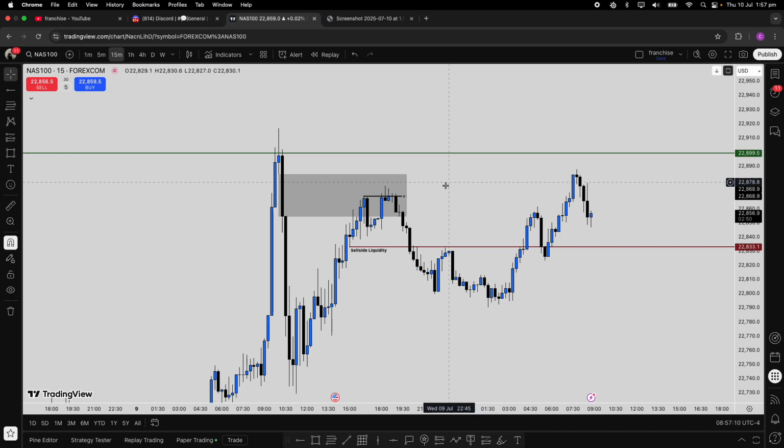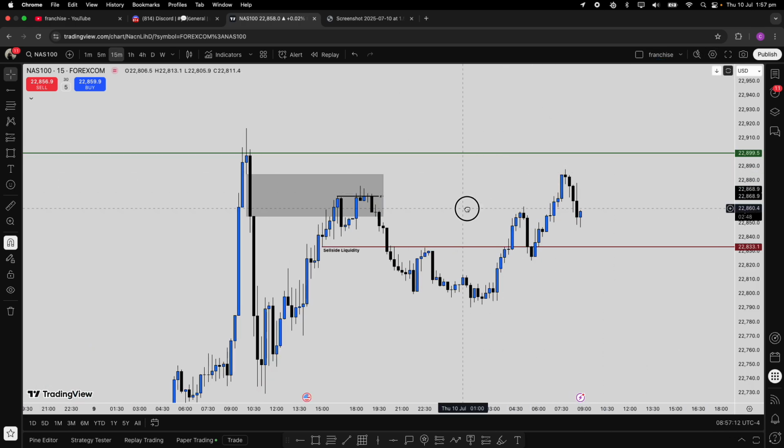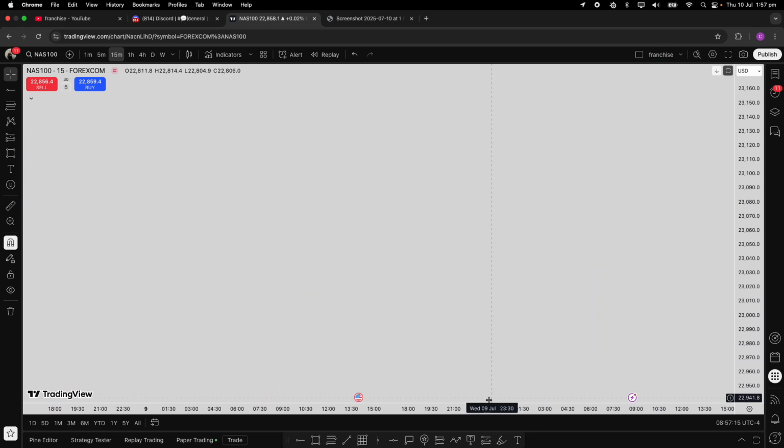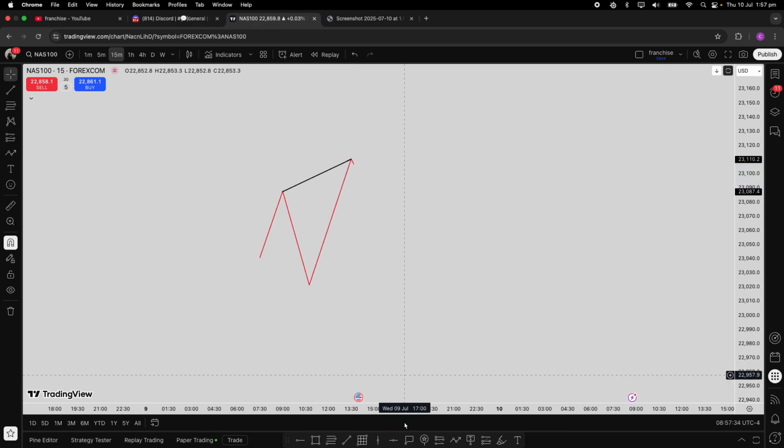Another reason why you'd be taking low hanging objectives is due to the weakness of ES and the strength of NAS. So this was NASDAQ. And this was ES.